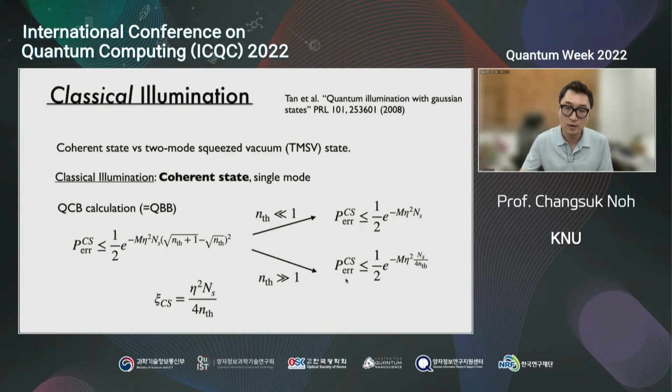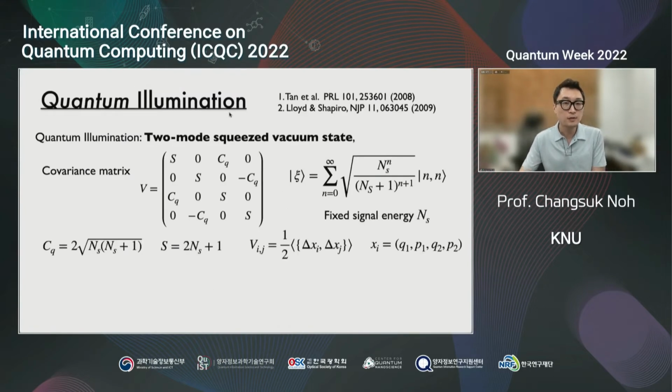When the thermal photon number is large, this is divided by 4 times n thermal. That's the coherent state's error exponent that we will keep in mind. It's proportional to the signal photon number and inversely proportional to the thermal photon number.